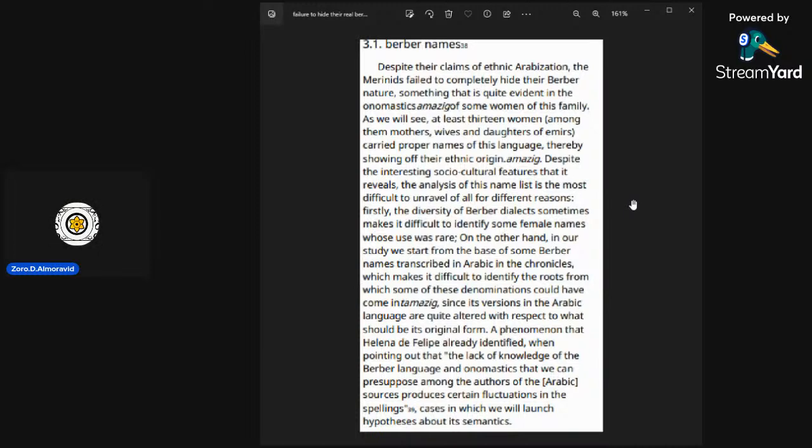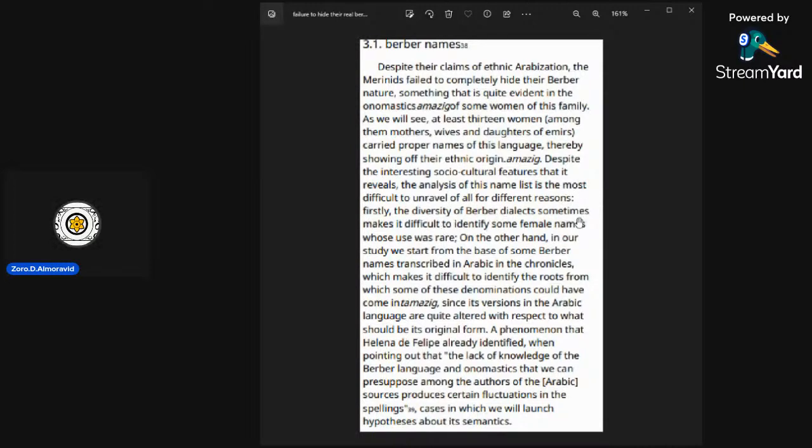Despite the interesting sociocultural features that it reveals, the analysis of this name list is the most difficult to unravel for several reasons. Again, the culture of today, of Islamization and Arabization, has completely wiped out 90% of the Amazigh culture. The Amazigh culture today is only a shadow of what it was before Islam.